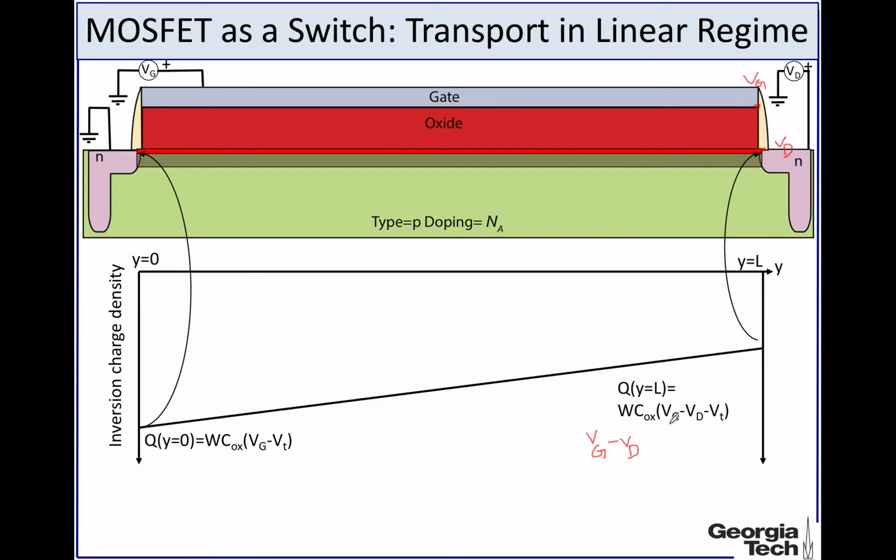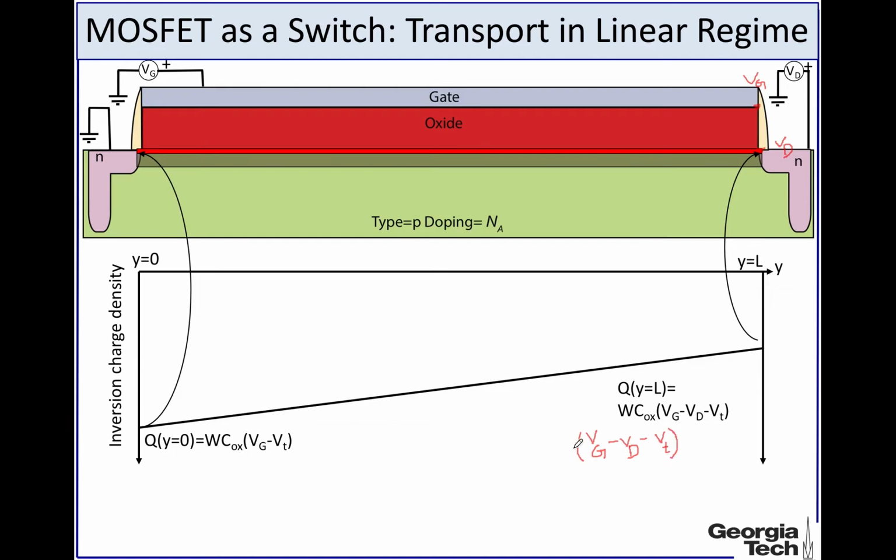Out of this Vg minus Vd, Vt will go towards creating the maximum depletion layer width, and the amount of Vg minus Vd by which it exceeds Vt will go towards creating the inversion layer.